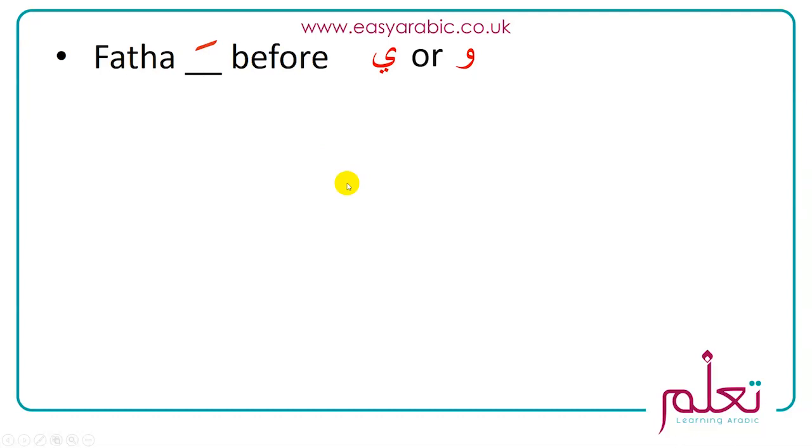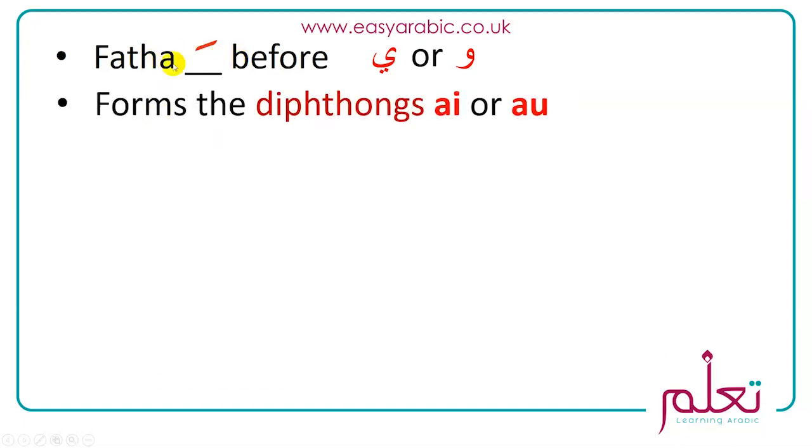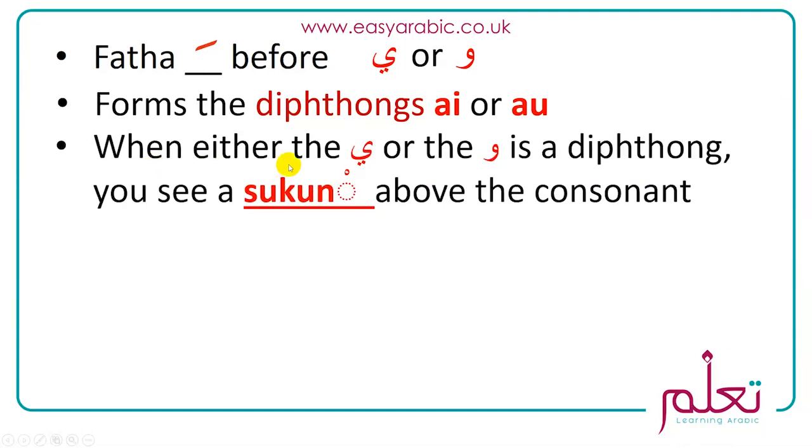Remember what I said about long vowels: if it was a kasra, the ya would have no signs on it. If it has a sukoon on it, then it's a diphthong. So if the fatha is before the ya or the waw, it creates a diphthong sound, and you'll see a sukoon above the consonant.